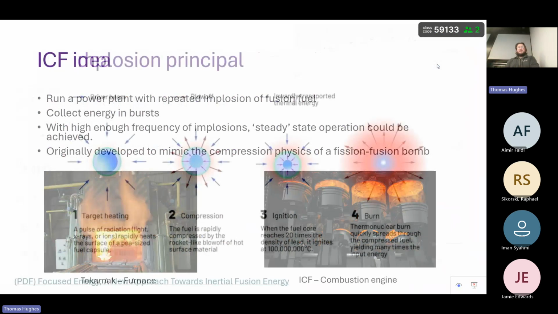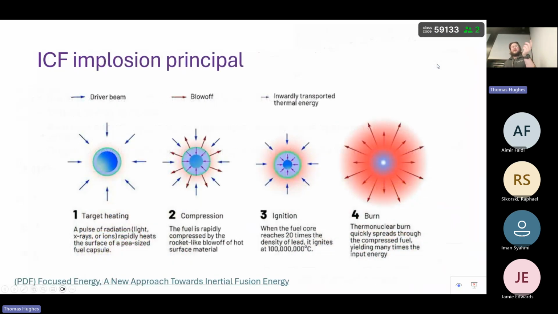So the idea is you have a pellet about the size of a pea of your deuterium-tritium fuel or your deuterium-deuterium fuel. You generally fire lasers at it. That's the most popular way of doing ICF. You fire it at your pellet every which way, symmetrically. Then the outside will rapidly expand and blow off.